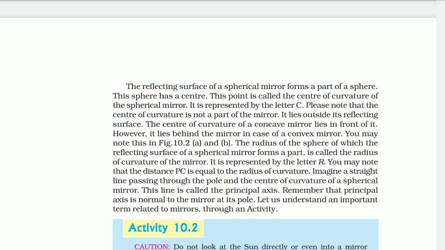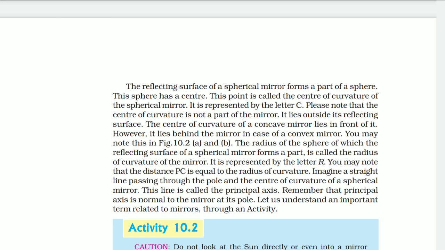So you may have noted in figure 10.2 A and B, the radius of the sphere of which the reflecting surface of the spherical mirror forms a part is called the radius of curvature of the mirror. It is represented by the letter R. So the distance between the center of curvature and the pole is represented by the letter R. You may note that the distance PC is equal to the radius of curvature.